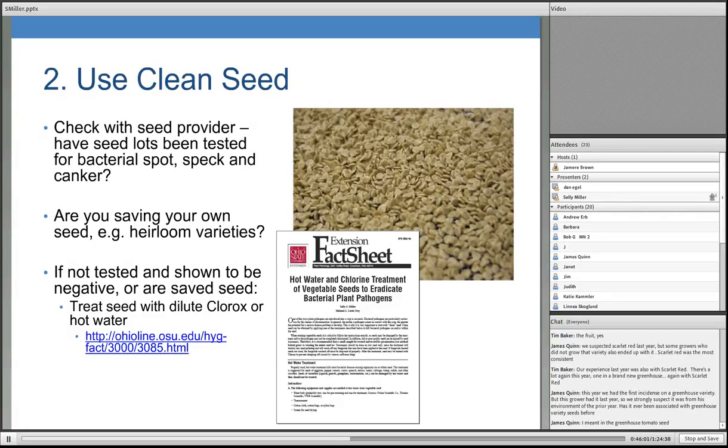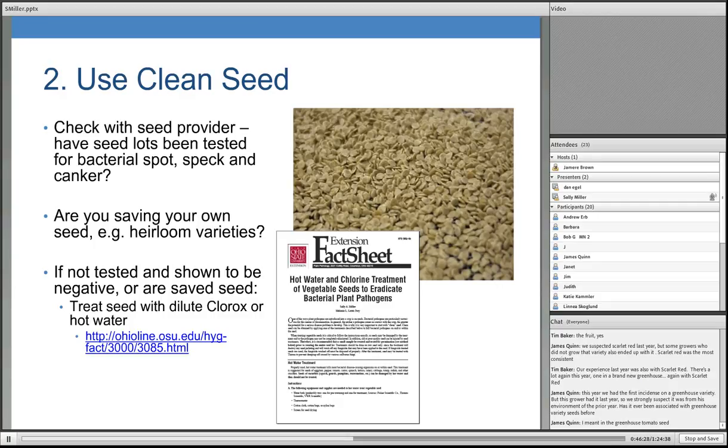If a grower is organic, they actually still can even use the Clorox treatment as long as it's well rinsed, and that's required anyway. So we have a fact sheet, and the URL is printed here, on Ohio Line, and it shows step by step how you could do the seed treatment with either the dilute Clorox or with hot water. And those are very effective treatments.